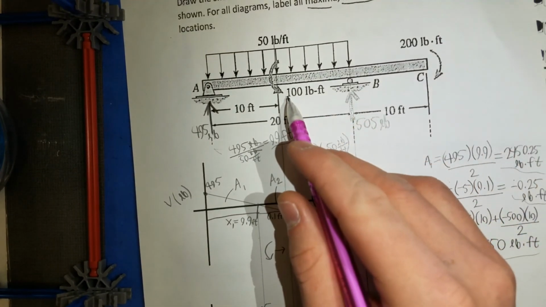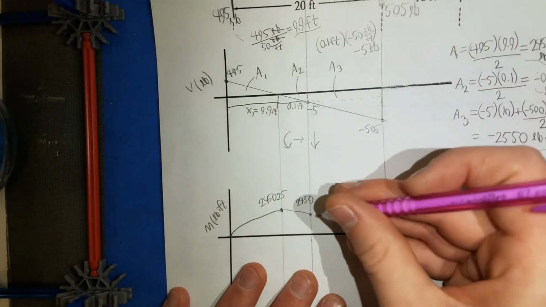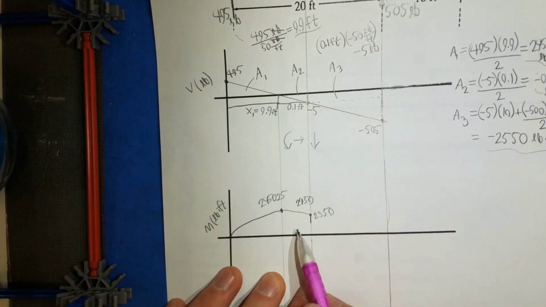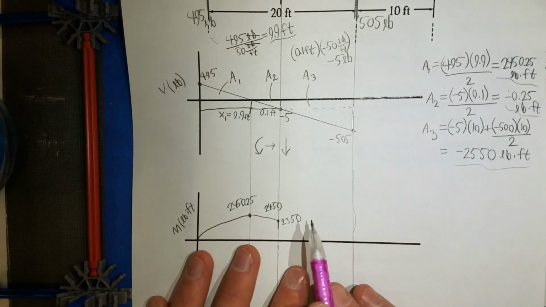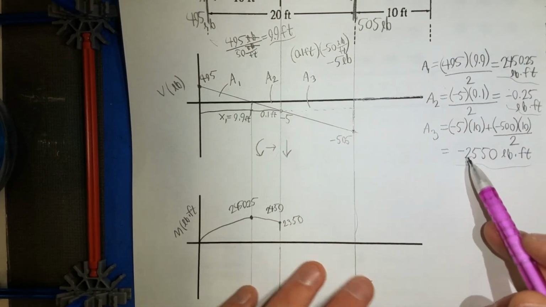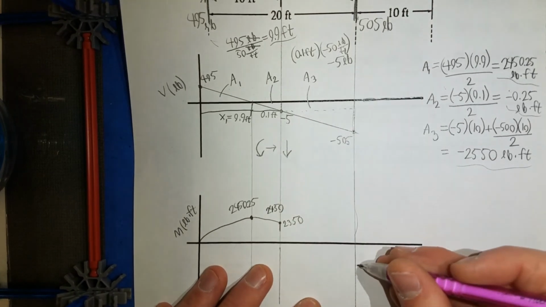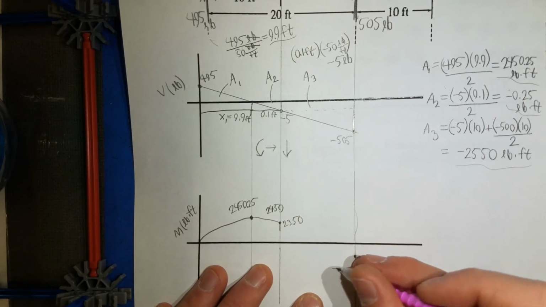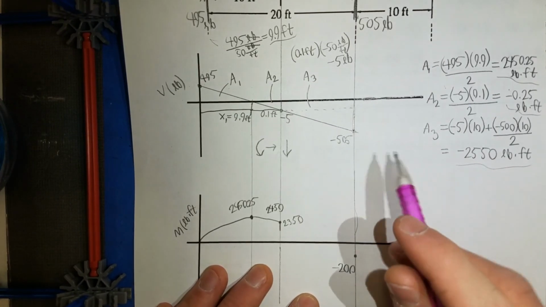So it's 100 pound feet. We're going to end up going down to 2350 here. From 2350, our last area is area 3, and it's negative 2550. We're going to end up going down 2350 minus 2550 is negative 200 pound feet.